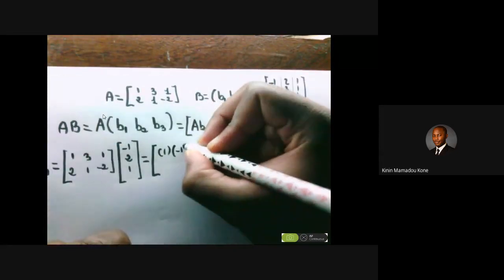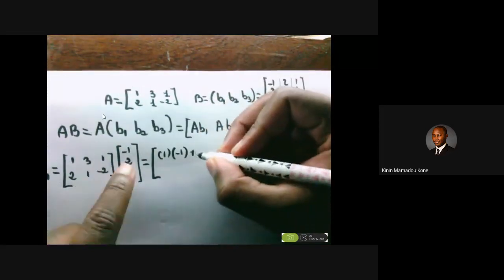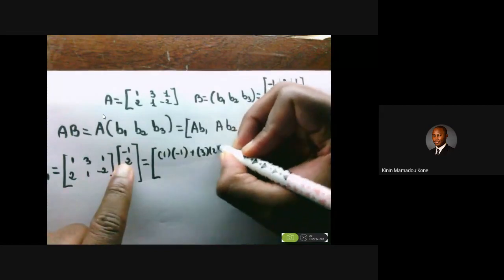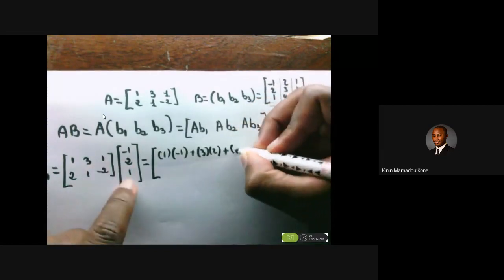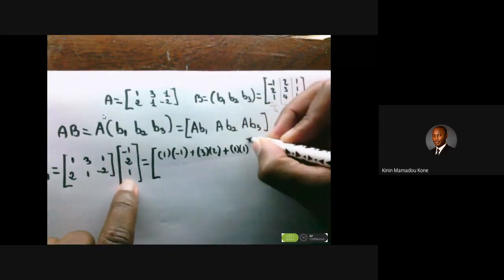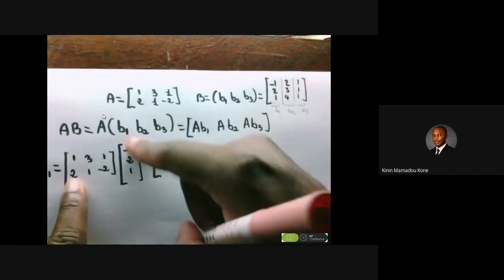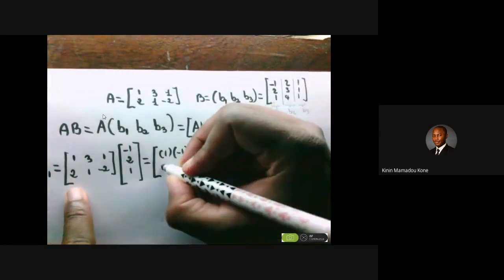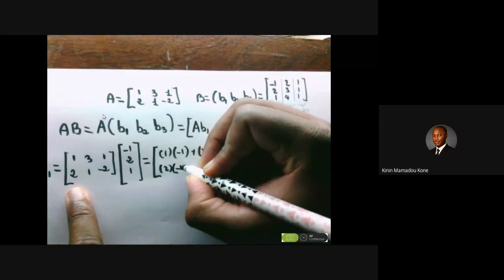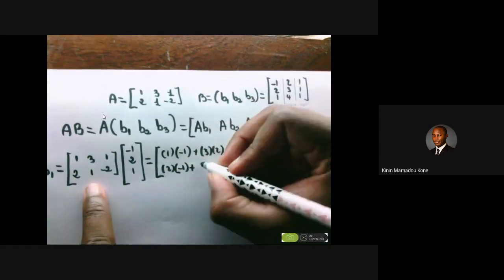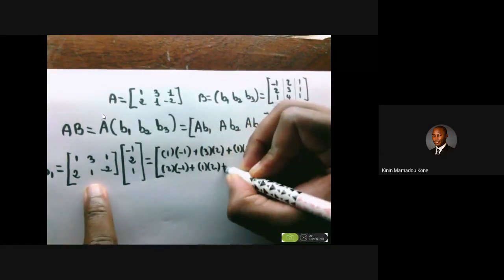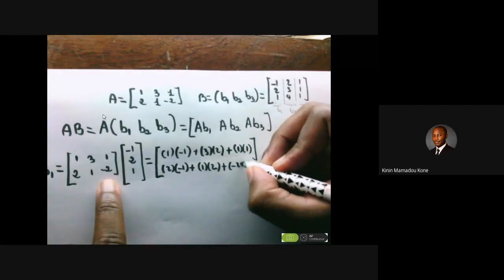1 times negative 1 here, plus 3 times 2, plus 1 times 1, and then this row now times this column. So 2 times 1, 2 times negative 1, plus 1 times 2, plus negative 2 times 1.